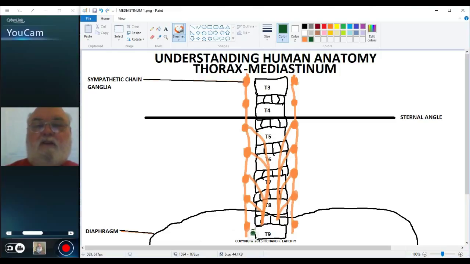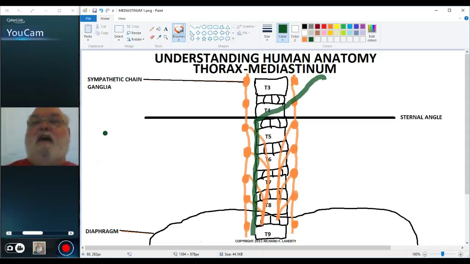And the thoracic duct runs up along the right edge of the vertebral bodies until it gets to the level of T4, when it crosses over to the left side and comes up into the neck.